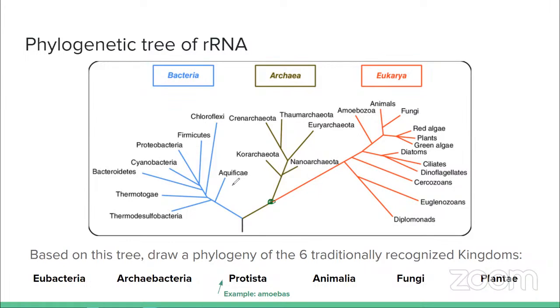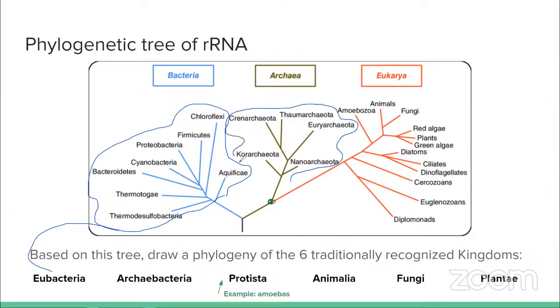On this chart, I'm going to go ahead and start circling, and then we can build our tree together. Bacteria, Eubacteria. For Archaebacteria, we're going to pick all our Archaea. Excellent.